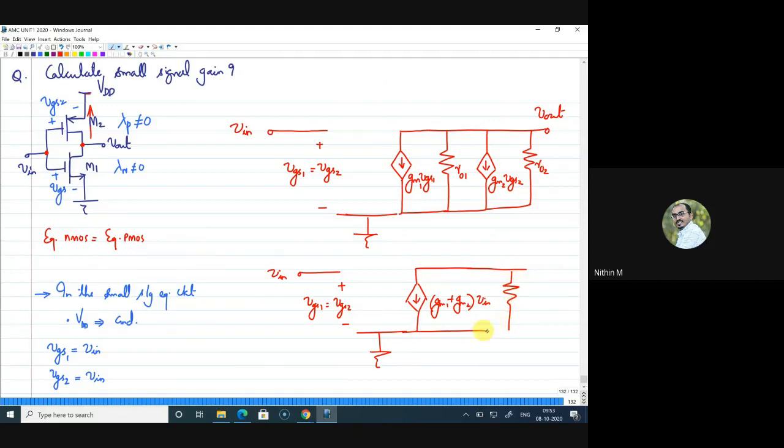I can draw that as a single resistance whose value is ro1 parallel to ro2. So how will you write Vout? Vout is actually drop across this ro1 parallel to ro2. Current is flowing in this direction. So Vout is minus gm1 plus gm2 into Vin into ro1 parallel to ro2, or simply your voltage gain Av is equal to minus gm1 plus gm2 into ro1 parallel ro2.